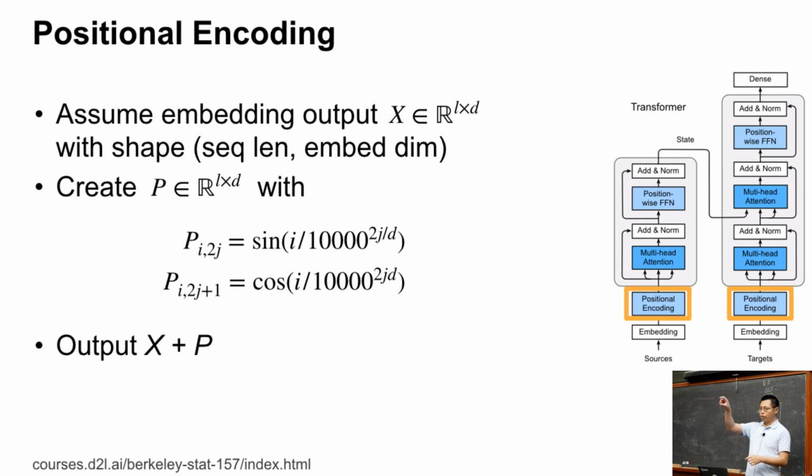You can see that for each row, for each time series, we have a sine and a cosine with different frequency. The sine and cosine have a little bit of shift in the period. This means you're adding some information to each element of X so that later on the network can realize what it is. Then given P, we use X plus P to get the output.